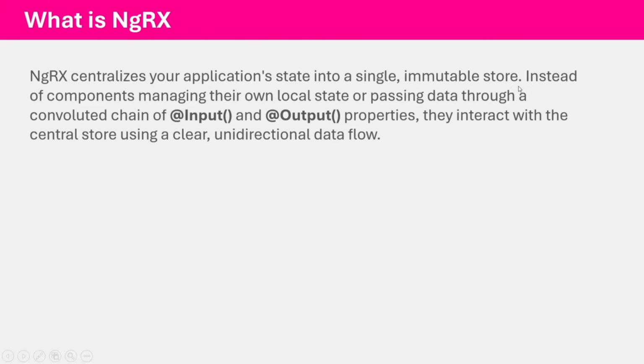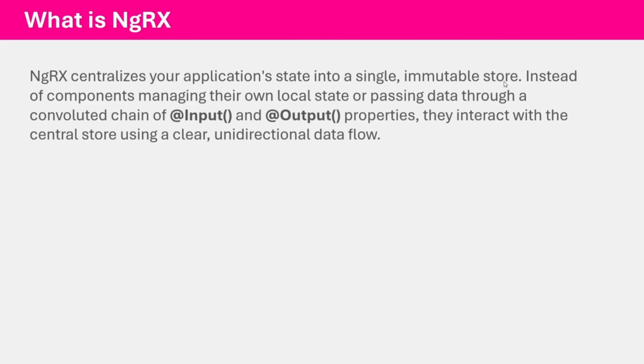In this way, we do not have to pass data from one component to another using input-output properties or by using services. The components can directly interact with the store and use any state available inside it. And this provides a clear unidirectional data flow. Data flows from the store to the component which wants to use a state from that store.